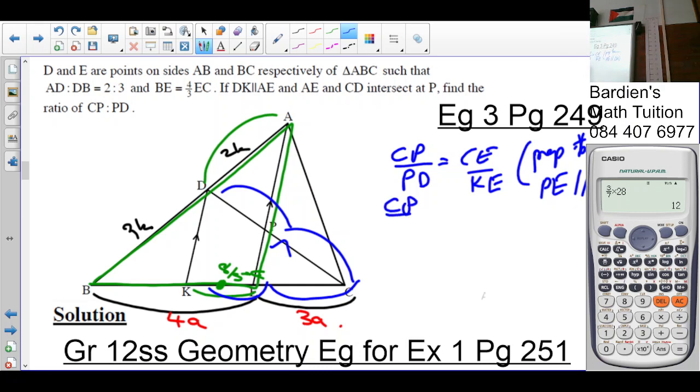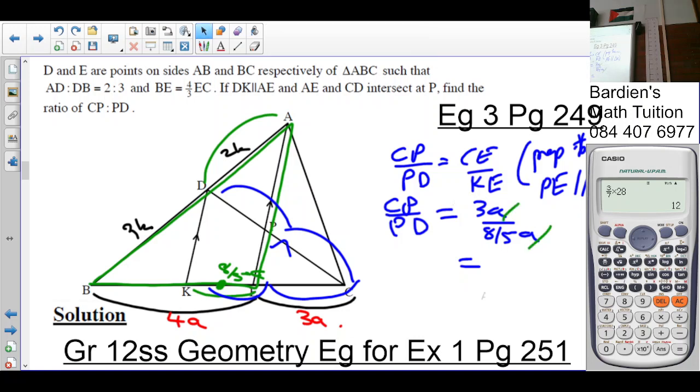So CP over PD is equal to CE. What's the value of CE? 3A over KE, which is 8 over 5 A. Of course, the A's cancel. Now we put this in the calculator. 3 divided by 8 over 5 simply gives us 15 over 8.